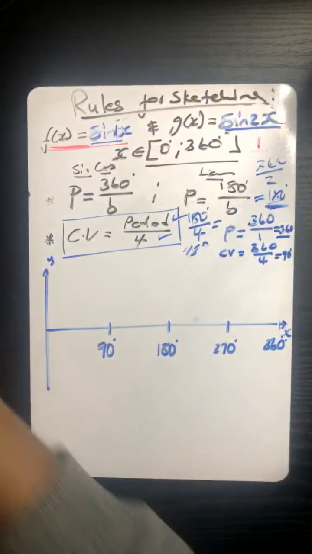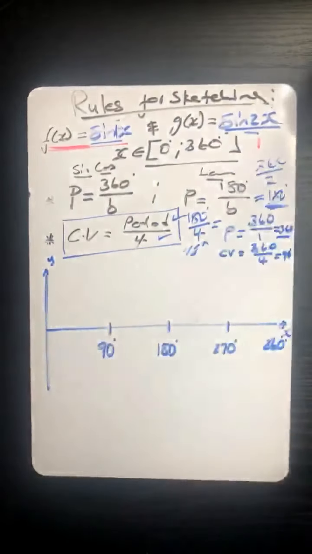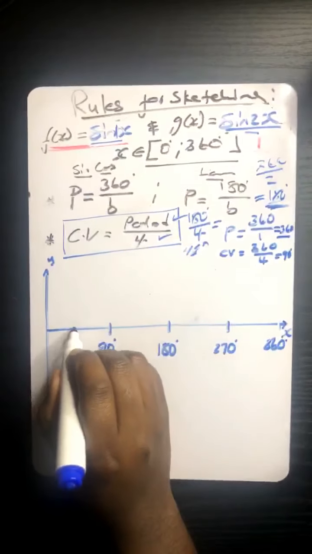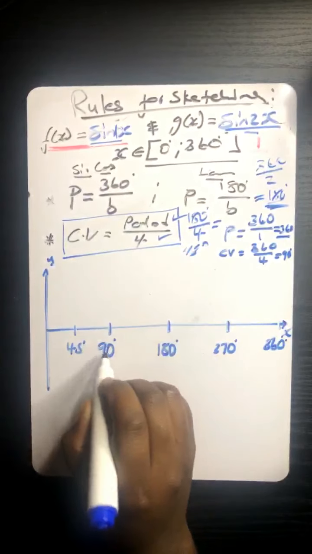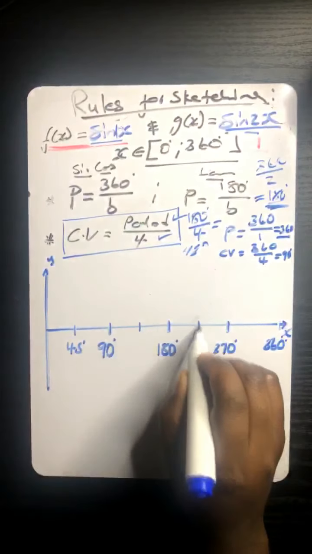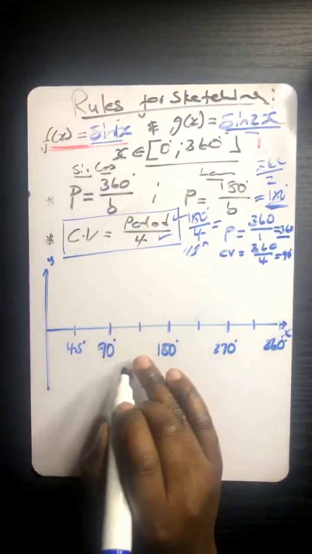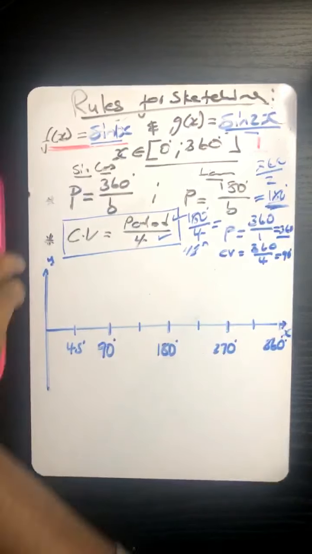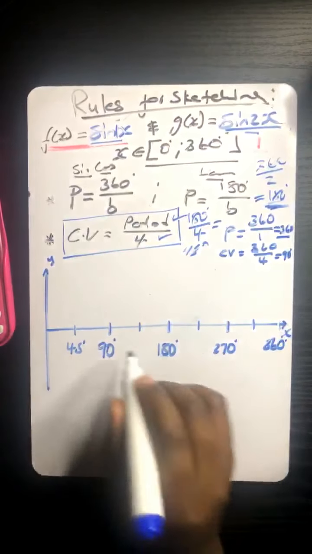Okay, so that means to accommodate that function in between, you must still have 45. You add 45 is 90, you add another 45. What is this plus 45? Let me see. You just punch it on a calculator. 90 plus 45 is 135.